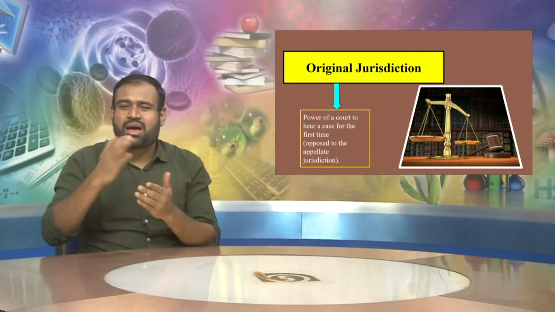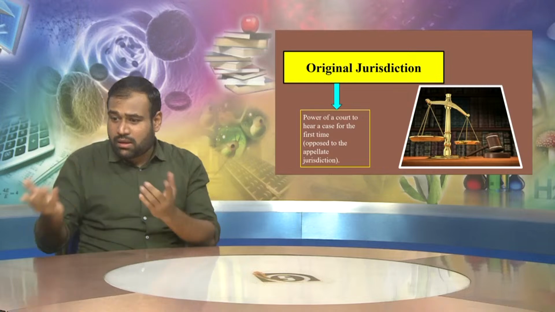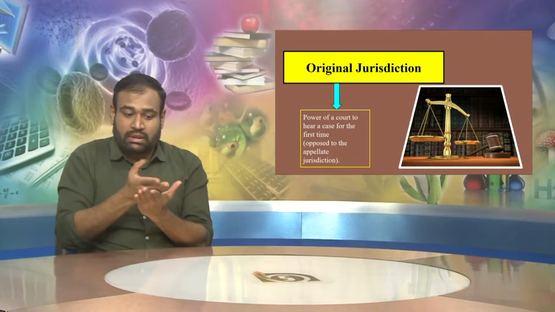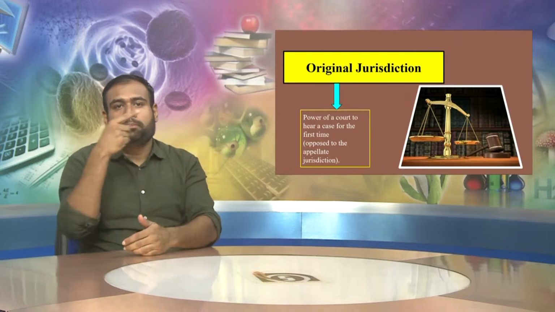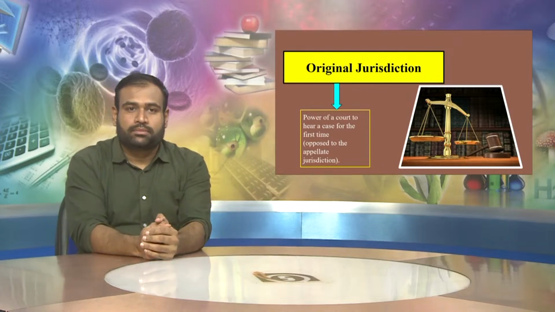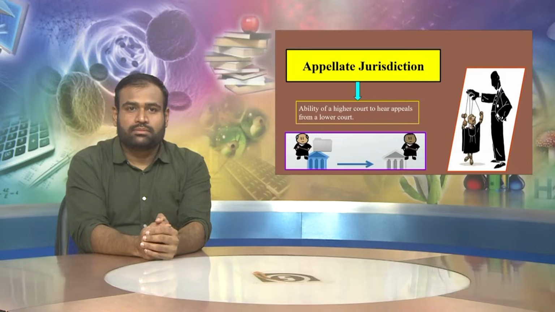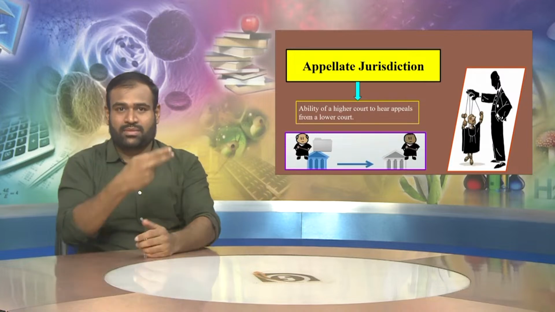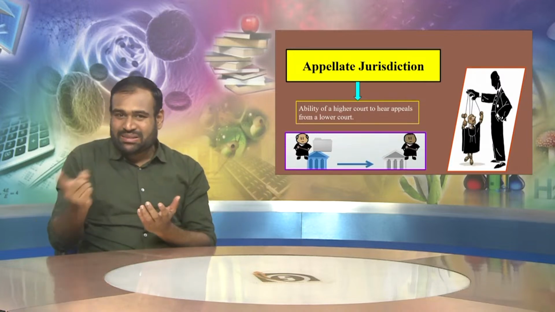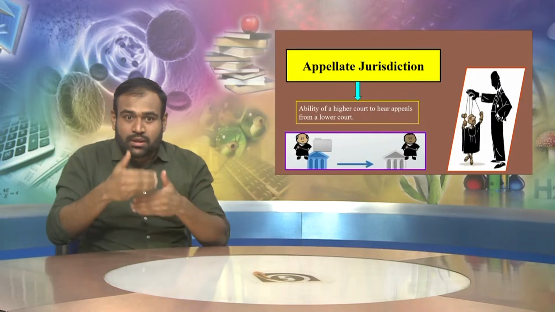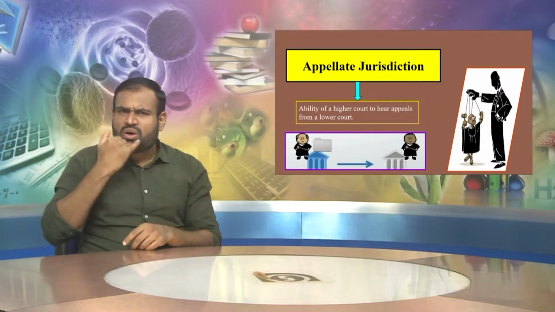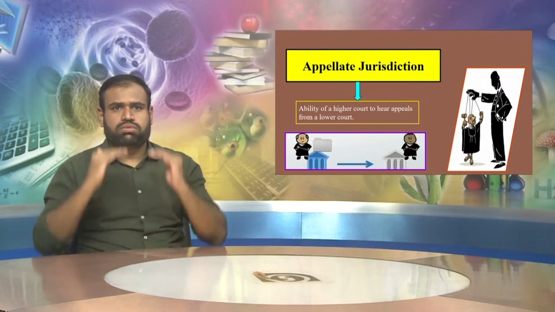Original jurisdiction: power of a court to hear a case for the first time, as opposed to appellate jurisdiction. Appellate jurisdiction: ability of a higher court to hear appeals from lower courts.